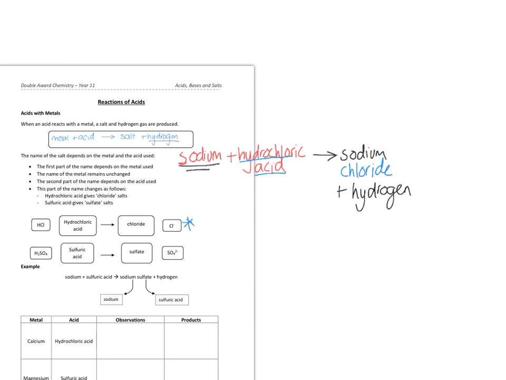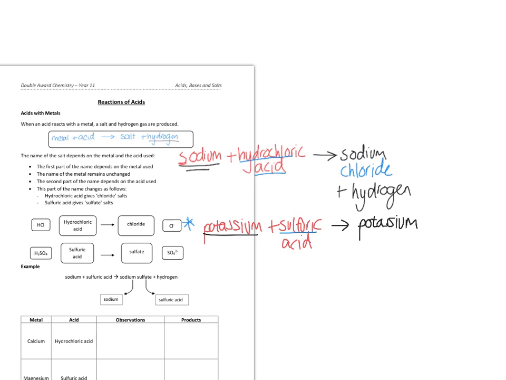We'll zoom out to give us a bit more room with the next one. Let's do another example, and that would be of potassium plus sulfuric acid. Okay, again, the first part of the name comes from the metal, and that remains unchanged. So the first name of our salt is potassium.